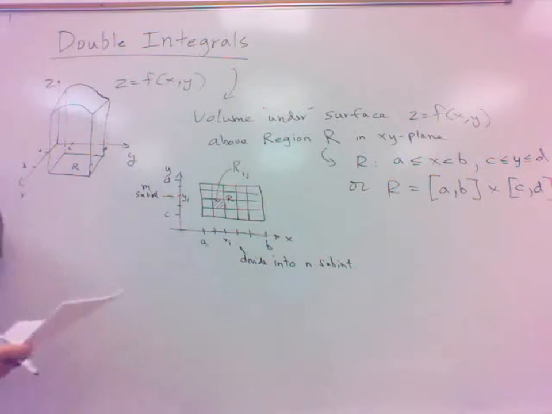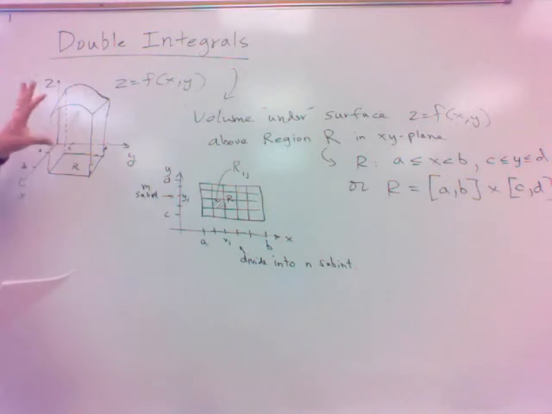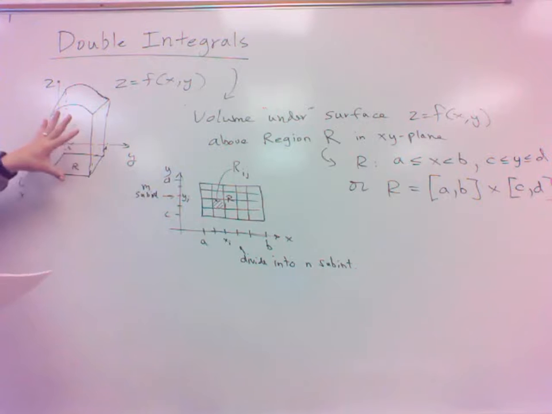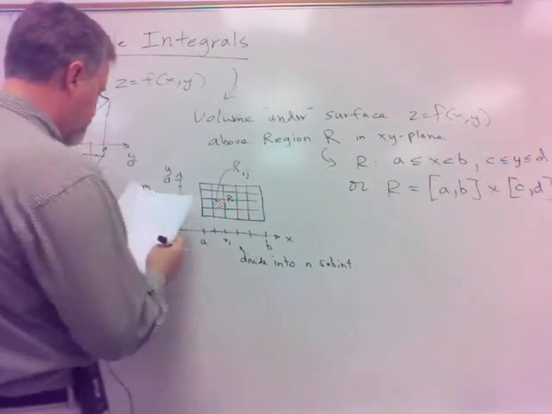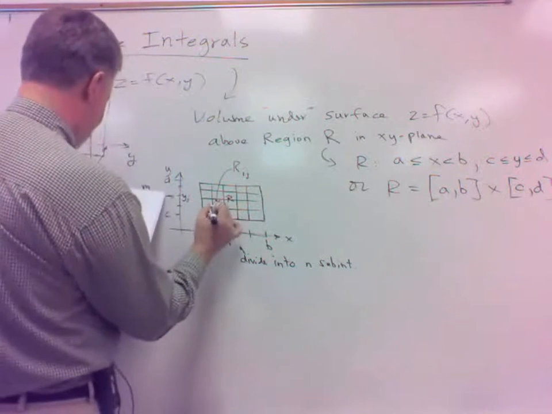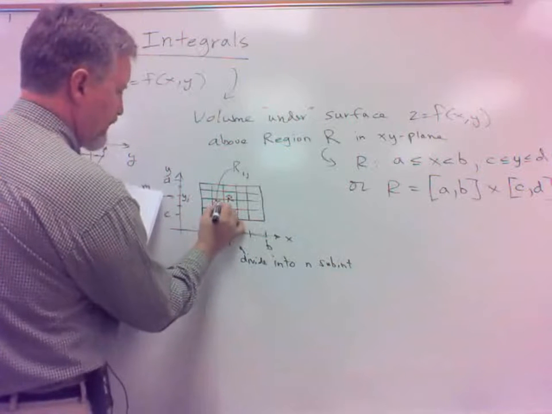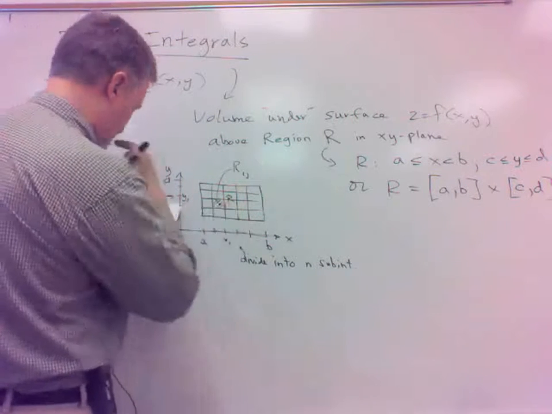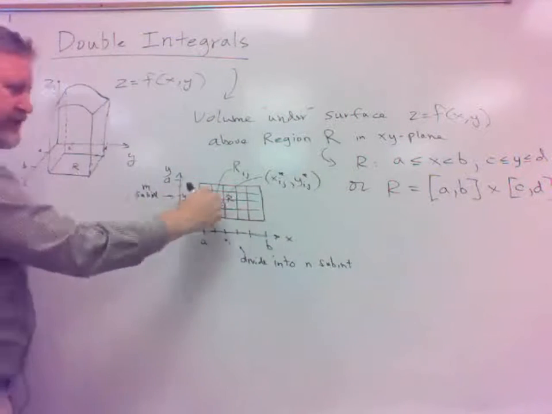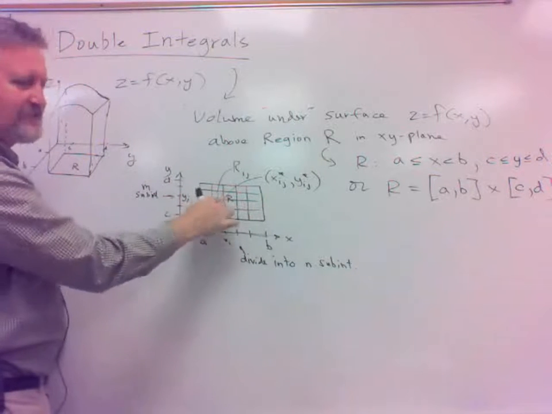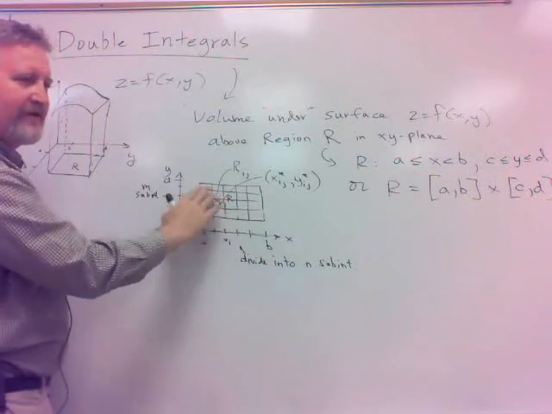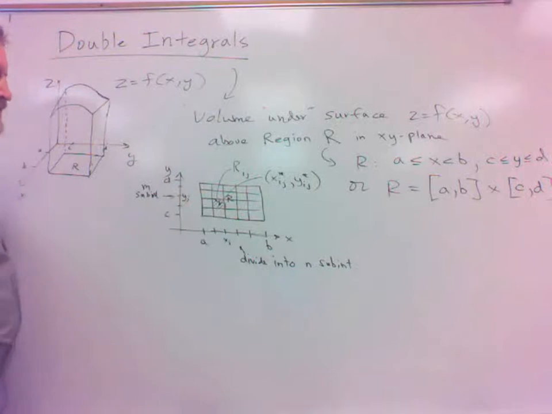And so what we do then, to approximate this volume, is we take each of these sub-rectangles, and we're going to pick a point out of each one. We could choose a corner, as we'll do here in a second, but you could do a midpoint in both directions. It could vary. Little star notation there.